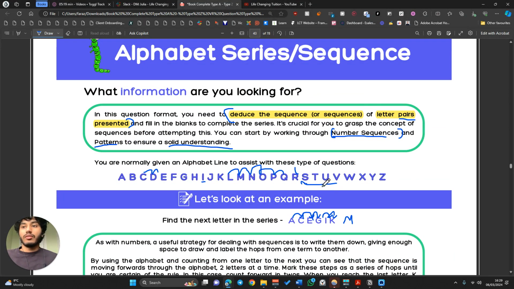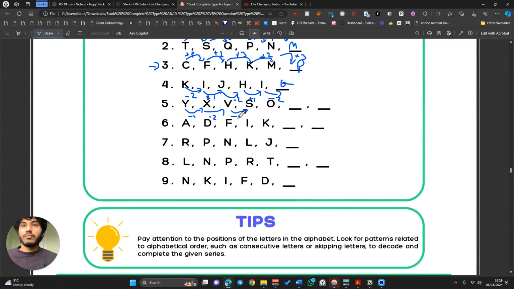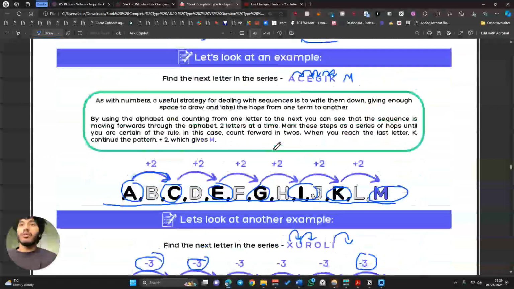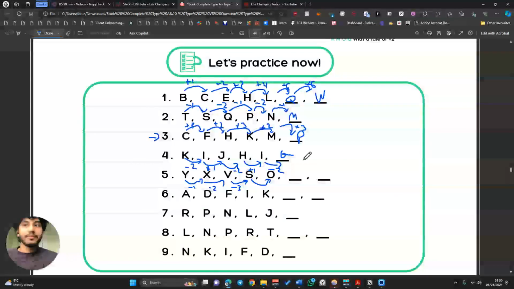V to S, this is minus 3. How do we get from S to O? One, 2, 3, 4. Okay, that's minus 4.